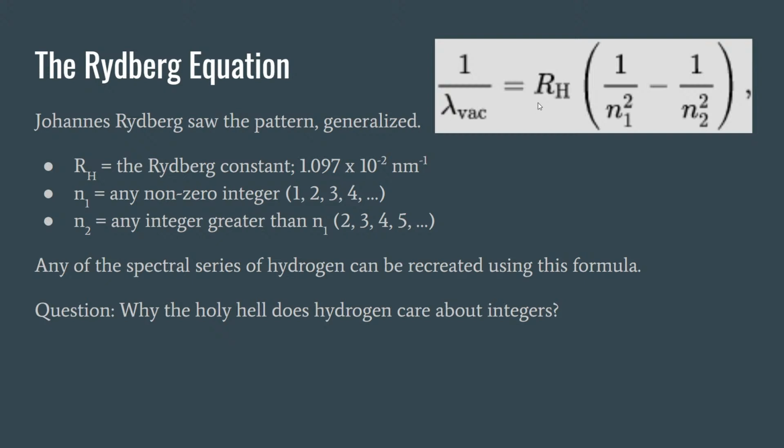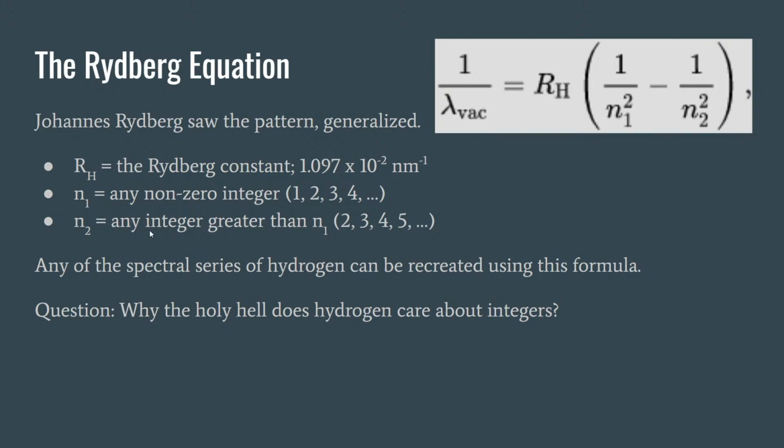So the Rydberg constant, 1.097 times 10 to the negative 2 inverse nanometers. That way you get nanometers for the wavelength. And then you have these two integers. N1 is any integer, 1, 2, 3, 4, etc. Any positive integer, I should say.